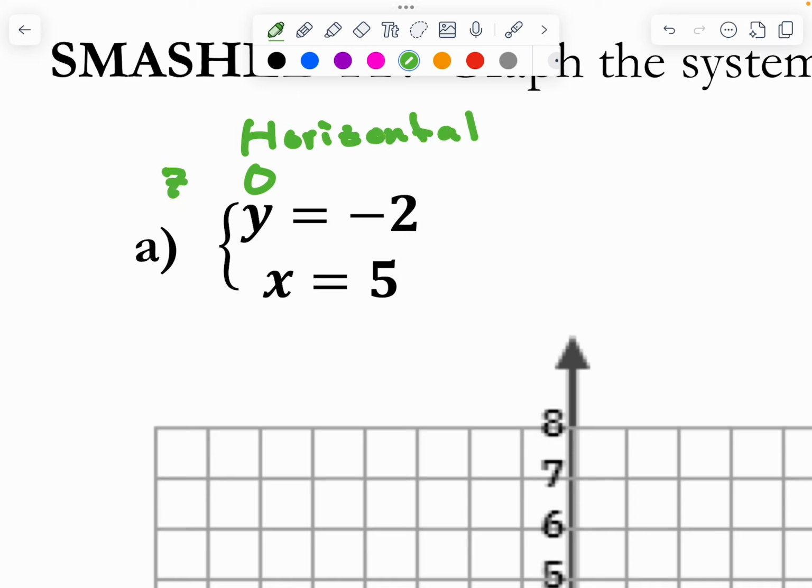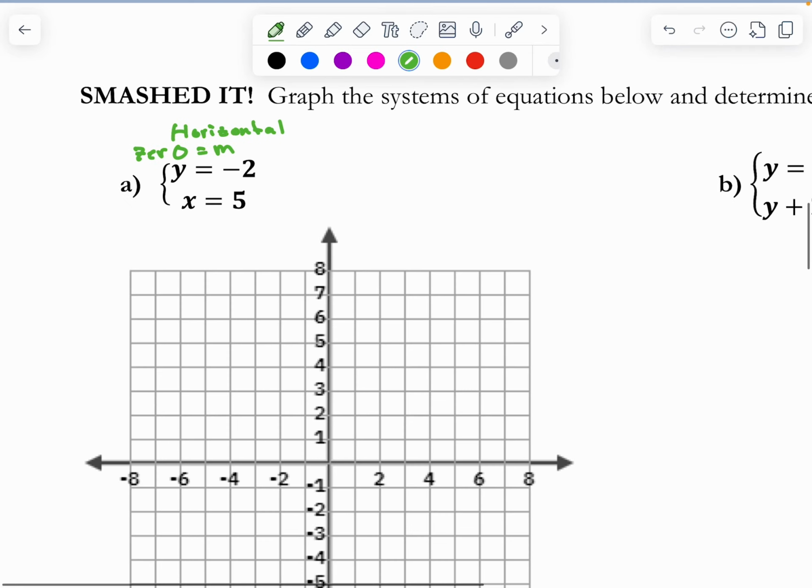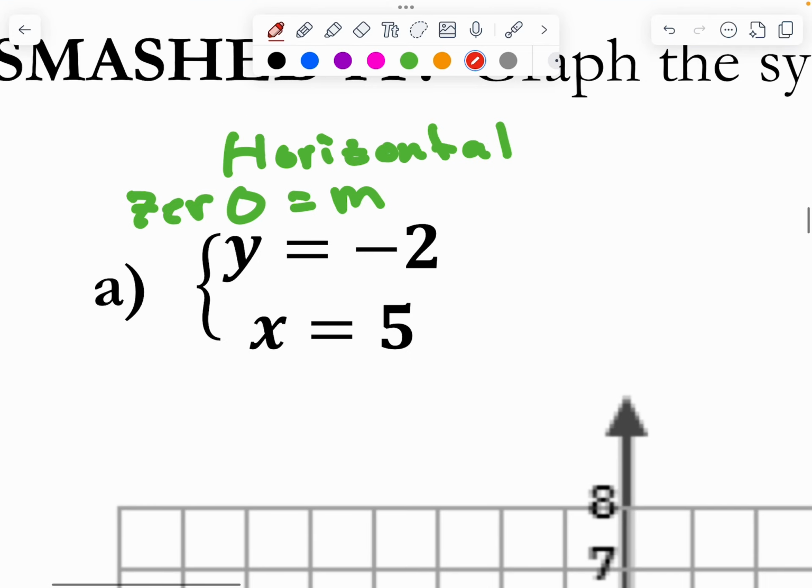This is my 0 slope. So my slope m is the zero in this case, which means my y is -2. Now let's do our x as red, and this is Vux.